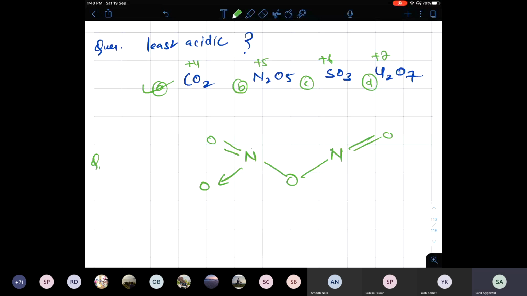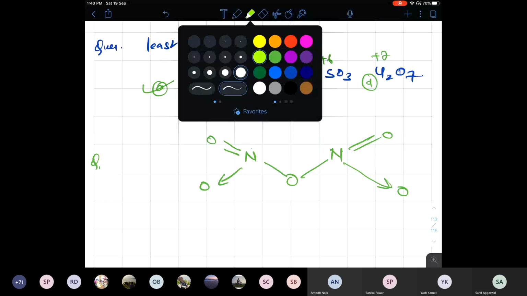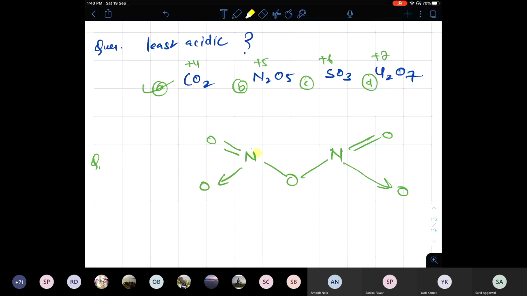It is like this. So this is the central atom, and this is the central atom. Maximum time it is one. Otherwise, you have to just focus on the least electronegative atom. Okay, sir.